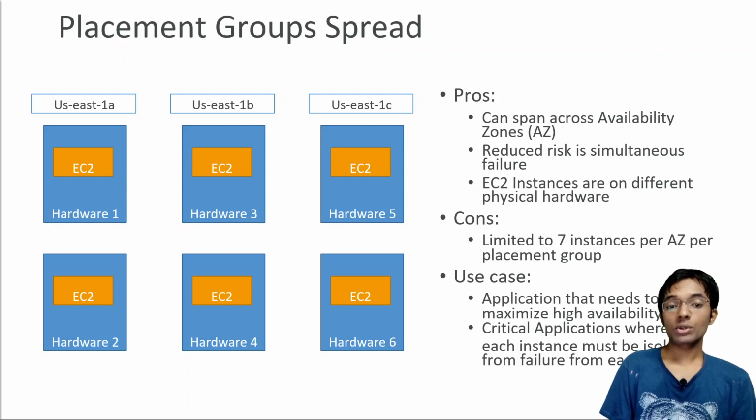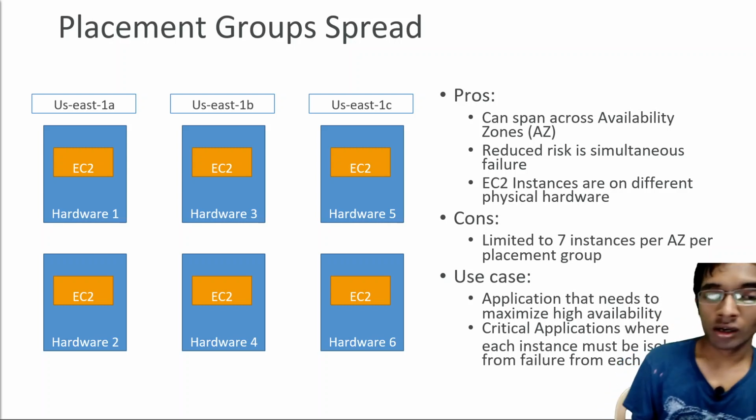The first is that you can span across multiple AZs, and the risk of simultaneous failure is really low. EC2 instances are on different physical hardware. Now for the cons, it's only up to 7 instances per AZ per placement group. So you are limited in scale.